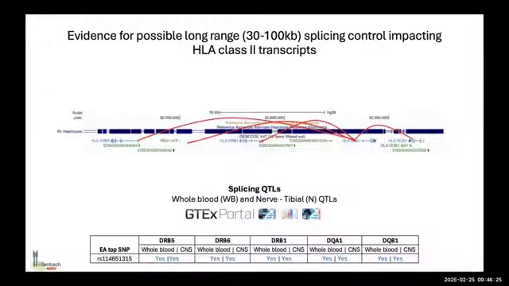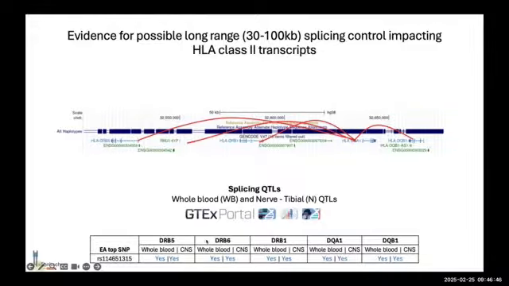But something else that we looked at, and found several examples of in these results, was that many of these SNPs are likely to have splicing activity or splicing control over much more distal genes as well. As you can see here, an example from this SNP.